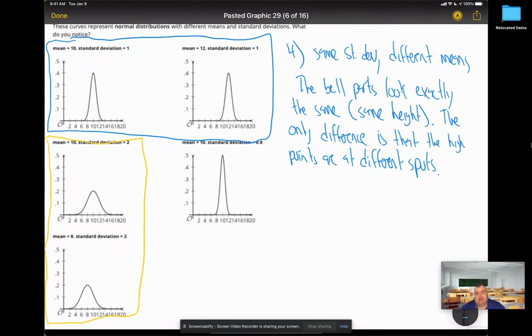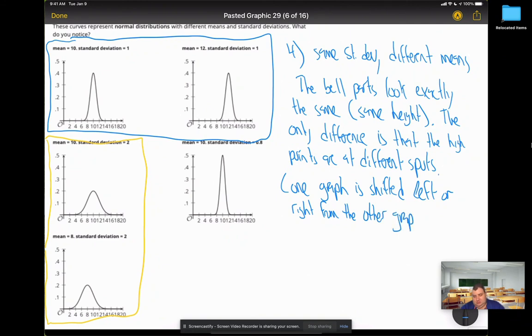In other words, one graph is shifted left or right from the other graph. So for all intents and purposes, the graphs look exactly the same, with the only difference being that one is just a shift left or right, depending on how different the mean is.